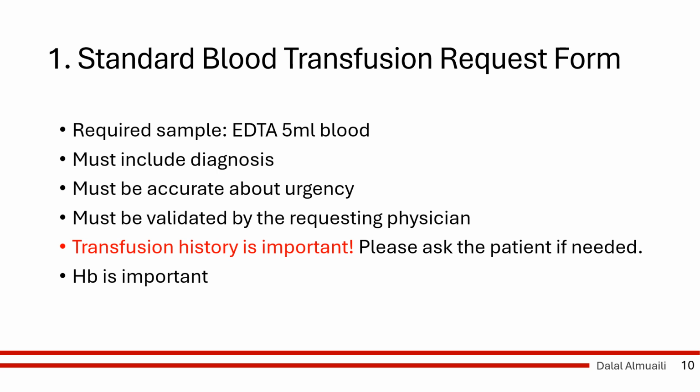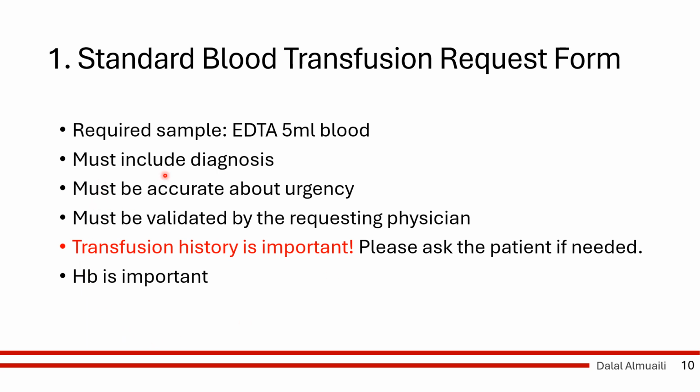In Kuwait, all hospitals will have the exact same forms that come from our only reference lab, which is the Kuwait Central Blood Bank. For the standard blood transfusion request form, the tube of choice is the EDTA 5 ml blood. If you are not in Kuwait and you are not sure, it is always worth checking your local hospital policy.